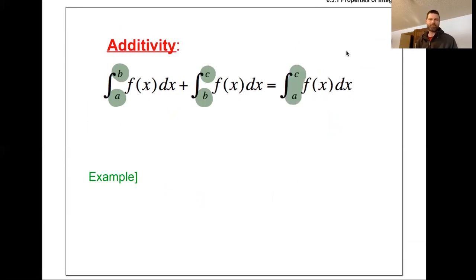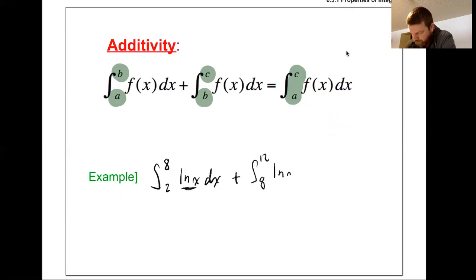Quick example, let's say I've got the integral from 2 to 8 of, I don't know, natural log of x. And I'm adding to that the integral from 8 to 12 of this same exact integral of the same natural log of x dx.